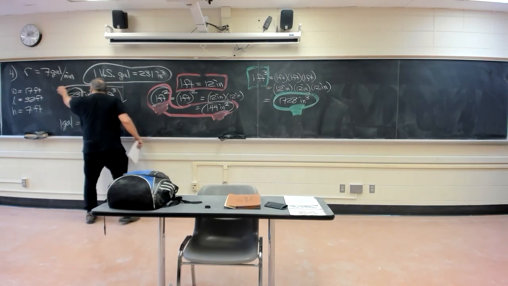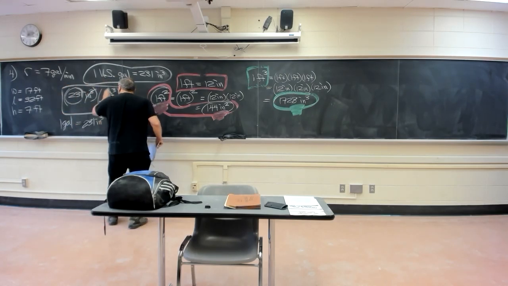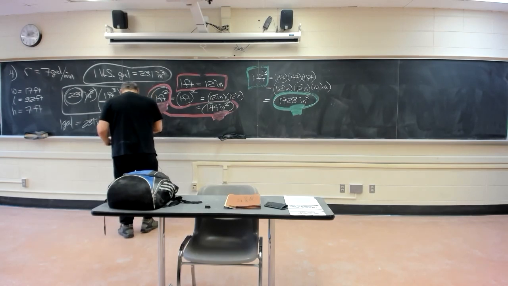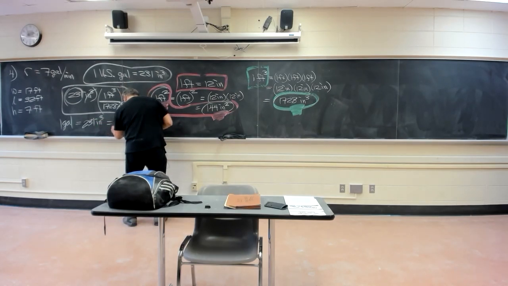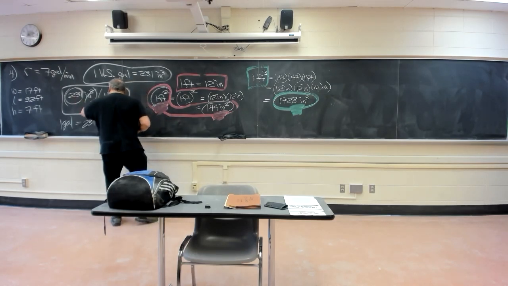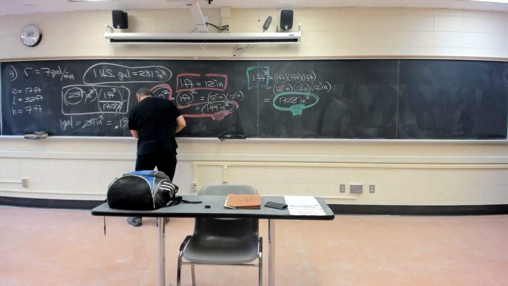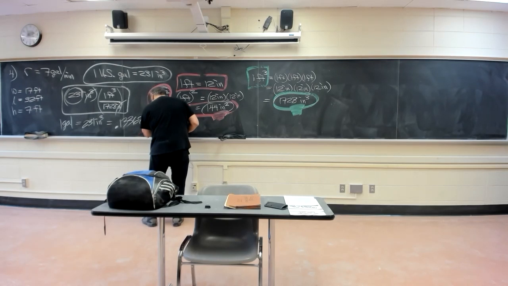Then we did this song and dance right here, and that comes out to, at the end of the day, 1 gallon itself, you guys, is 0.13368 cubic feet. That's kind of the real big move.